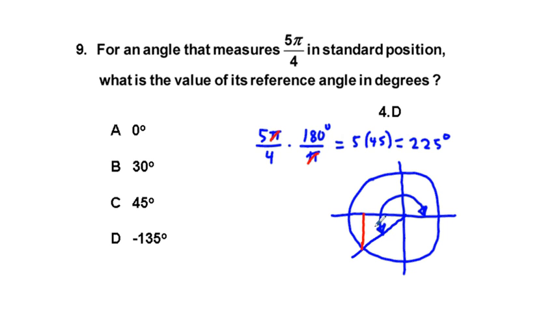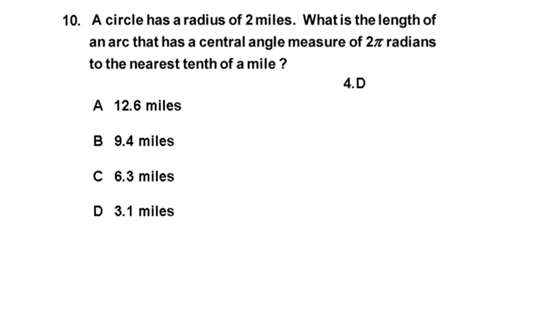So our reference angle is going to be, I'll put a little alpha right in here. And to get that numerically, we're going to take 225 degrees minus 180 degrees. This is going to be 45 degrees. And yes, your reference angle is going to be between 0 and 45, which would eliminate D automatically. So C is our correct answer for problem 9.